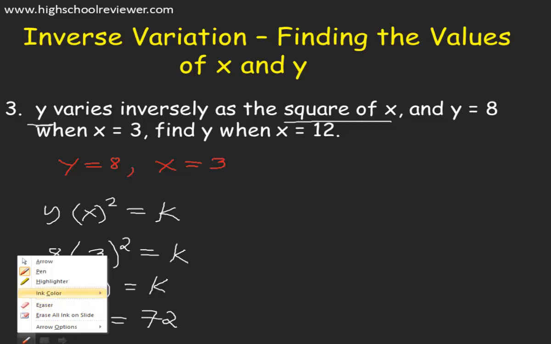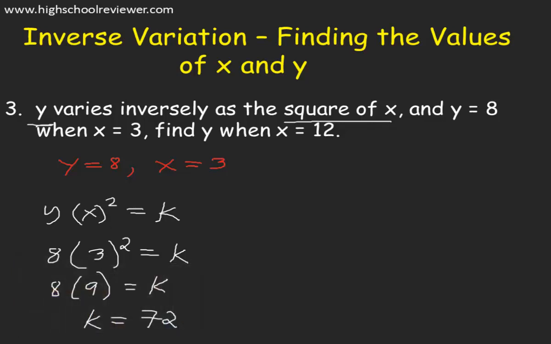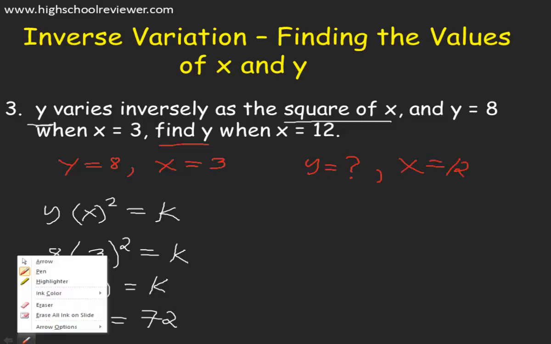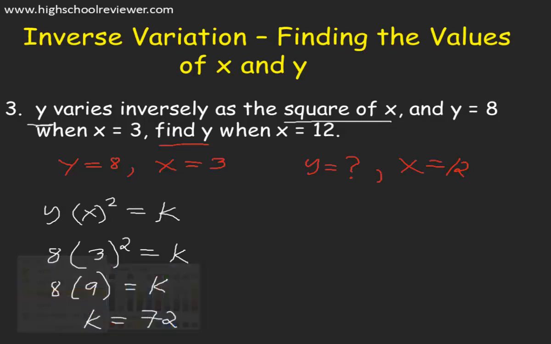And now for the second values of y and x. So again, we are going to find y. So y is the unknown when x is equal to 12. We will use the same equation, and that is y multiplied by x squared equals k.